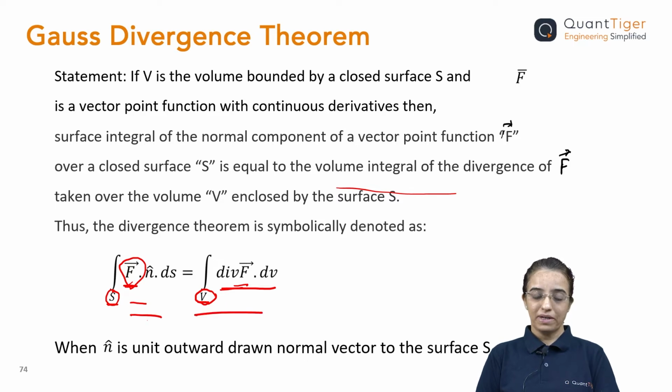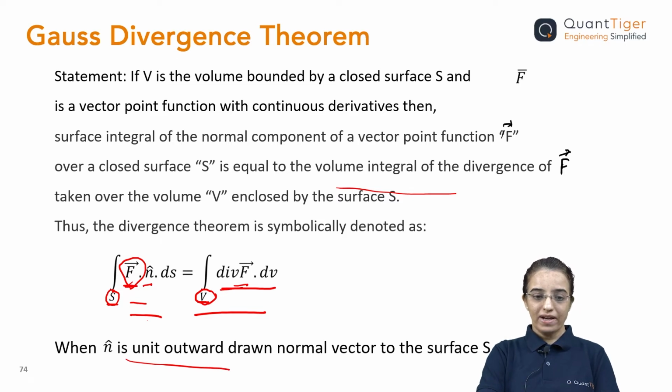That is how we can write it mathematically over here. Here, n cap is the unit normal vector to the given surface.